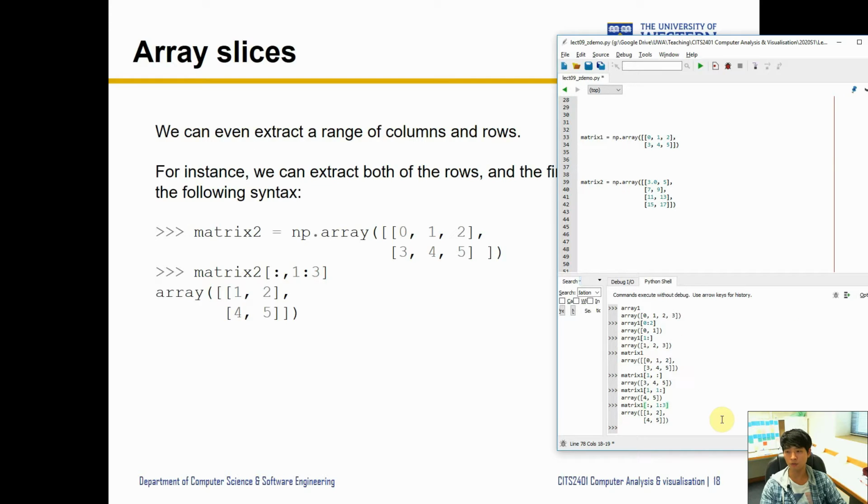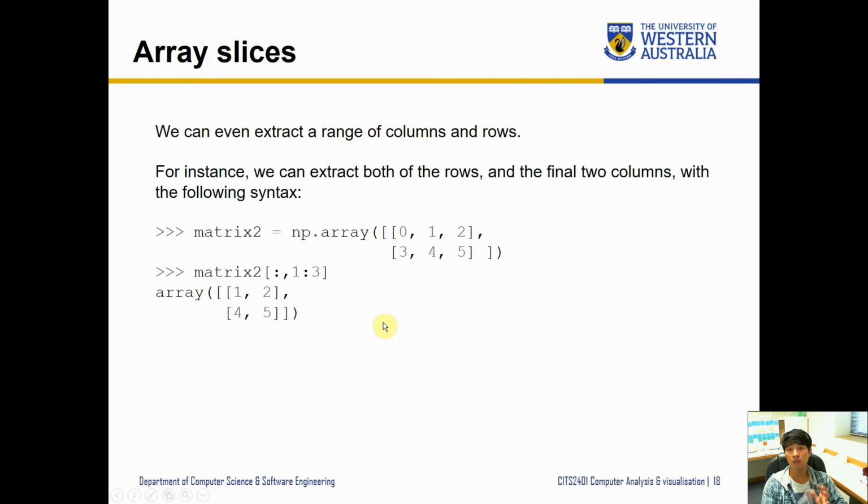If I do that, this returns me 1, 2, and 4, 5. So that means I retrieved all the rows, but only columns 1 and 2, not including 3. That's why I retrieved 1, 2, and 4, 5. This way I can retrieve multi-dimensional sub-columns and rows from a larger one.